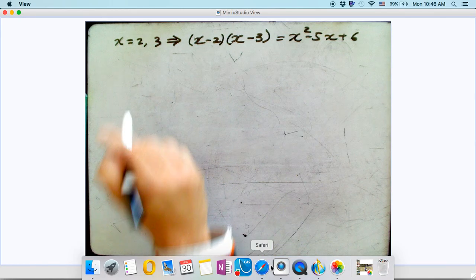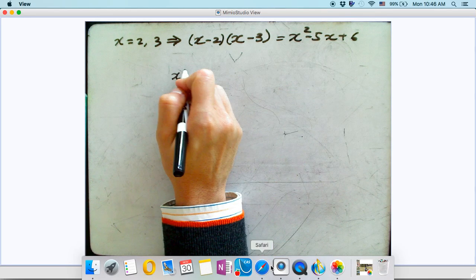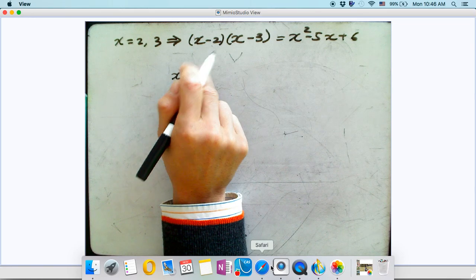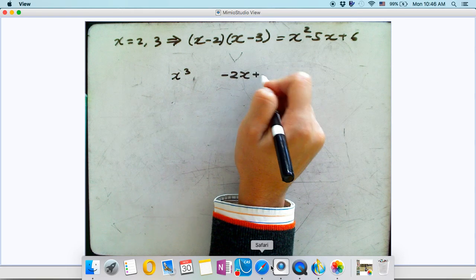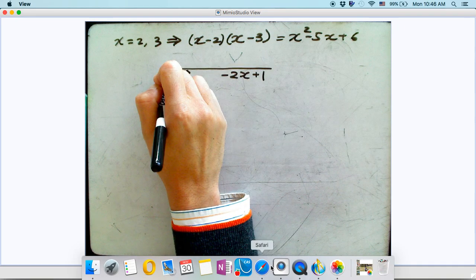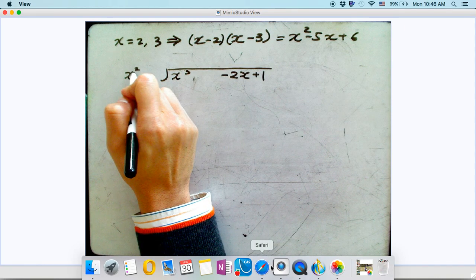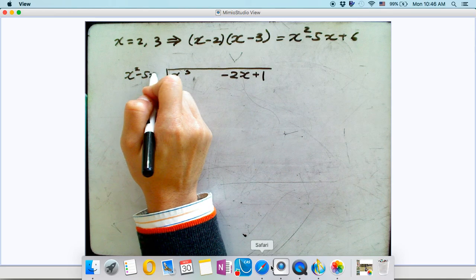So we're going to divide the function f of x, which is x cubed minus 2x plus 1, by x squared minus 5x plus 6.